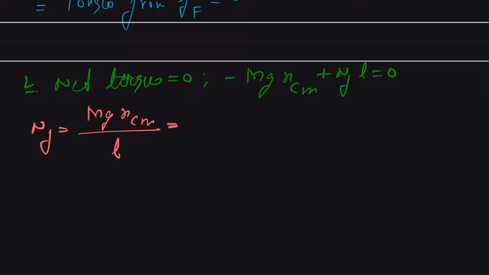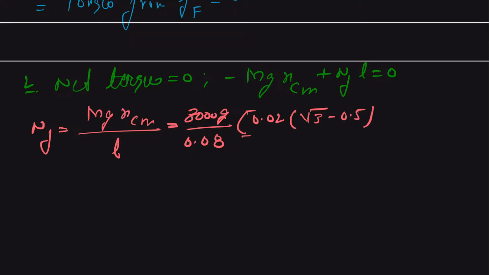We simply substitute the values. Our mass is 3000, so this is 3000 g. Length is 0.8, and xcm we calculated, this is 0.02 square root of 3 minus 0.5.